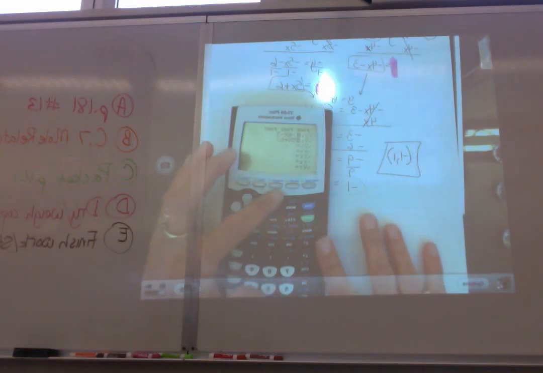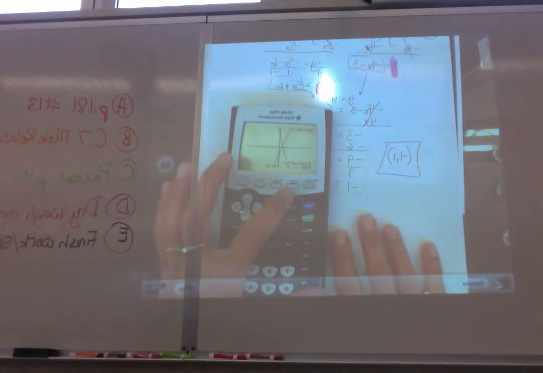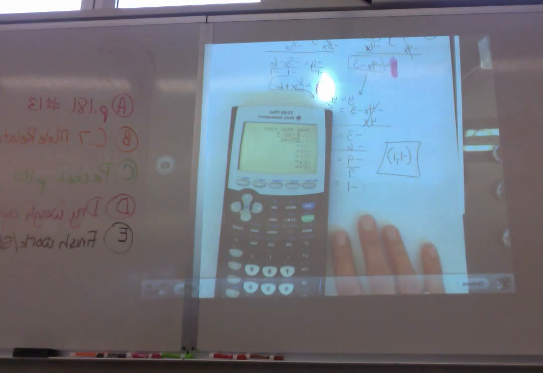I'm going to go intersect. So I'm going to go second calc. Oh, what did I do wrong? Y equals negative 4x minus 3, positive 5x plus 6.